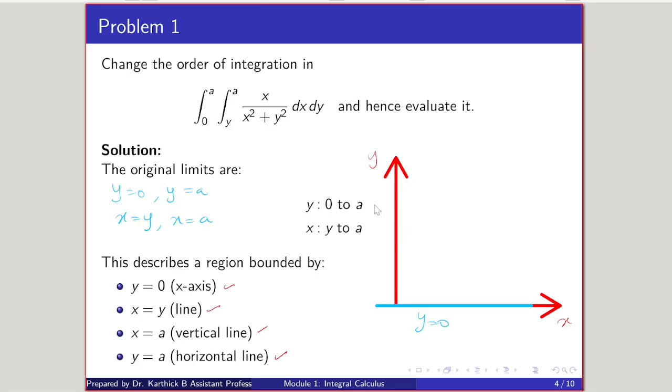Somewhere else I may choose here as y equal to a. So y varies from 0 to a.